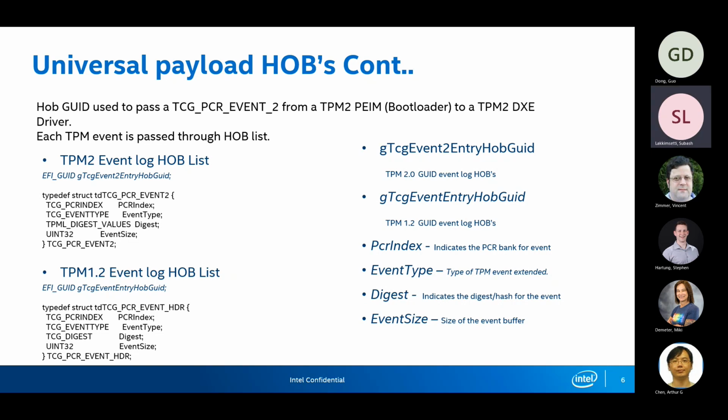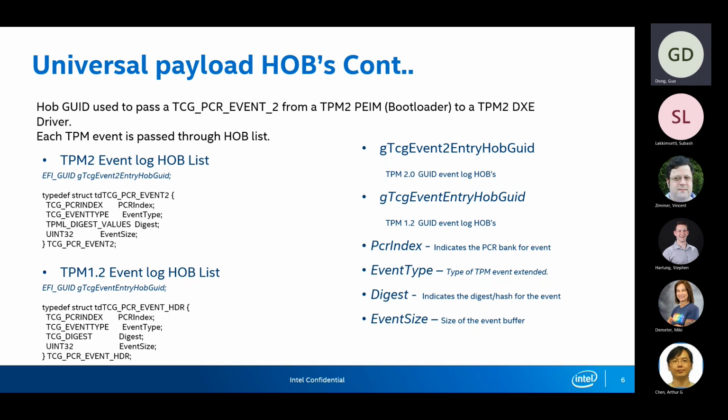Sure. One more basic question I have, Vincent or Gao. Because TPM 1.2 is almost getting deprecated, right? So TPM 2.0 is the advanced standard. For the universal payload, should we still support TPM 1.2? I think technically it should, even when we define some structure for the TPM.